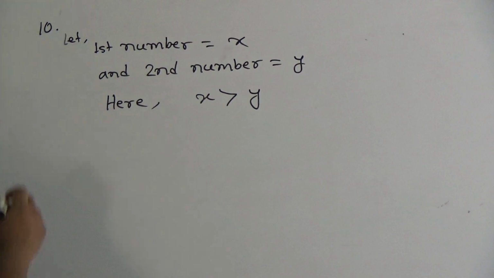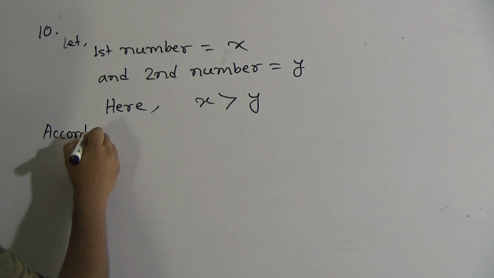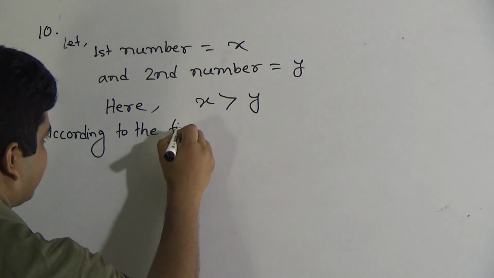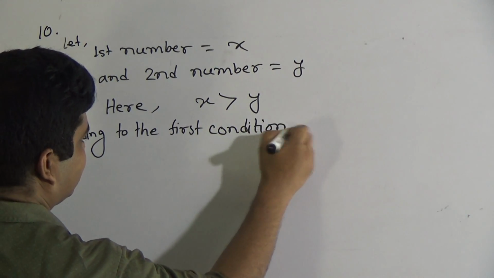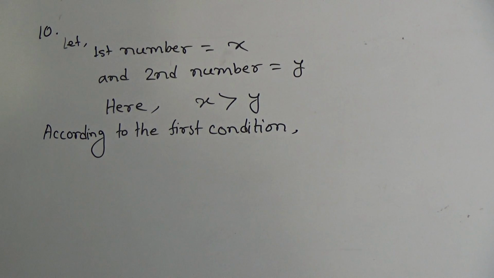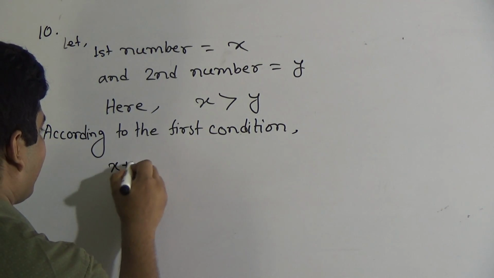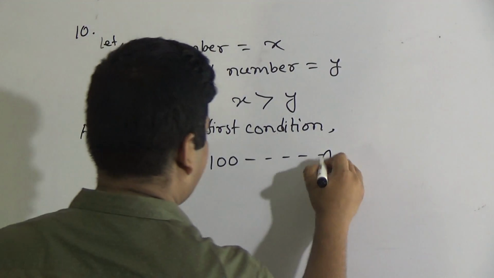Okay, so now according to the first condition, here summation, that means x plus y equal to 100. Okay, equation number 1.